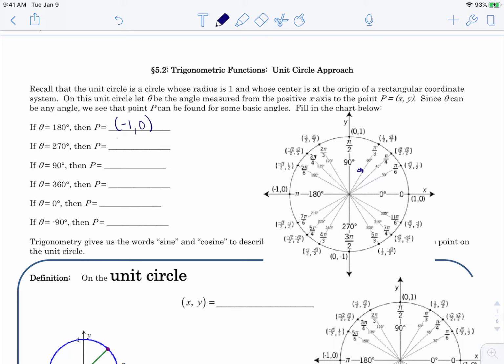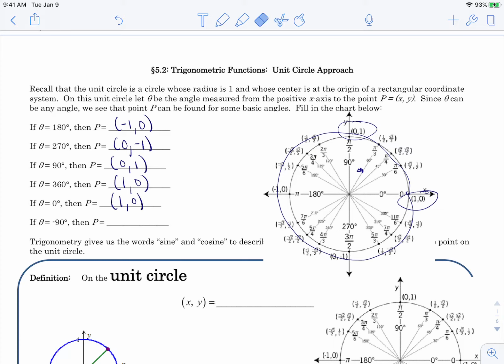270 degrees, it's (0, -1). 90 degrees is here, it's (0, 1). 360 degrees means I'm going around the circle one full time. So it's this coordinate, so it's (1, 0). 0 degrees is the same.